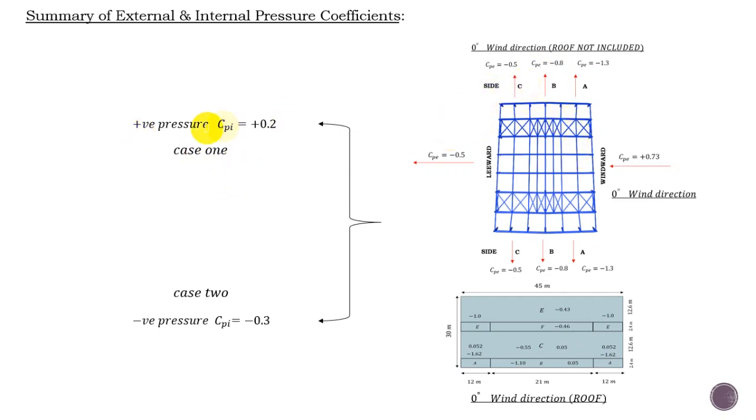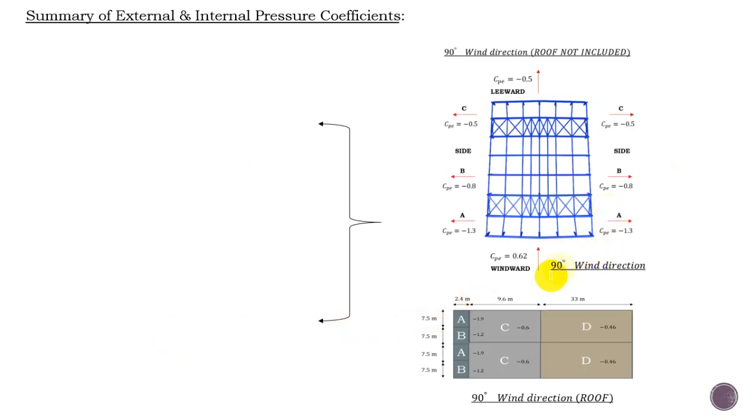I'll do it once for the positive internal pressure CPI of 0.2. This is called case 1. And case 2 is with the negative value of the internal pressure coefficient. Then for the 90 degree wind direction, I'll do it twice as well, for the positive and then the negative. This is called case 3 and this is called case 4.